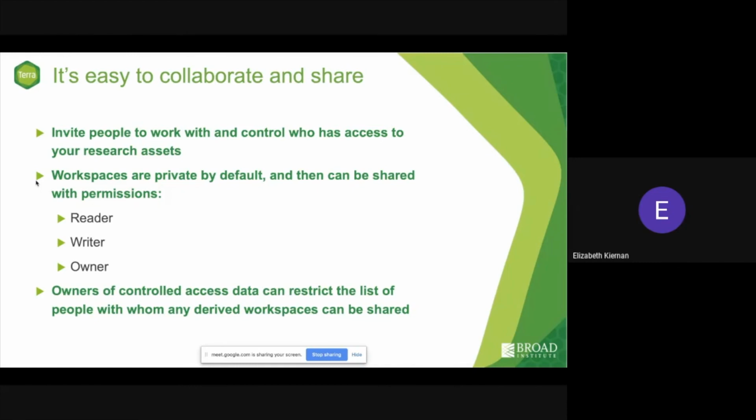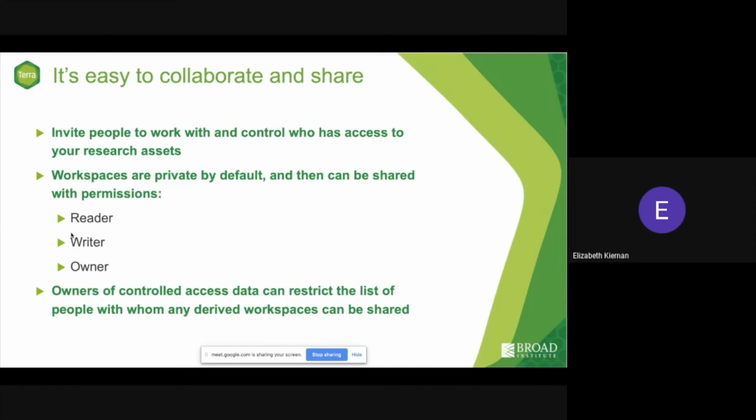It's very easy to collaborate and share using Terra workspaces. By default, the workspaces are private, and you can give individuals or collaborators other forms of access permissions. Three main forms of permissions that you can give your colleagues are reader, writer, or owner. Readers can go in and look at a workspace, see what kind of data you have and what types of analyses you're doing, but they can't actually edit anything within the workspace, so they can't change your code or anything.